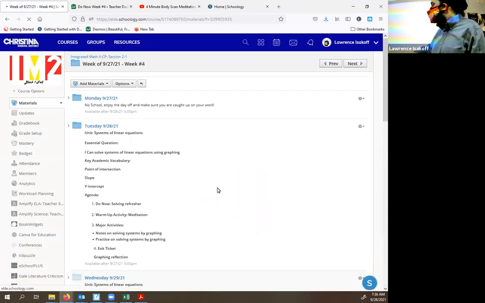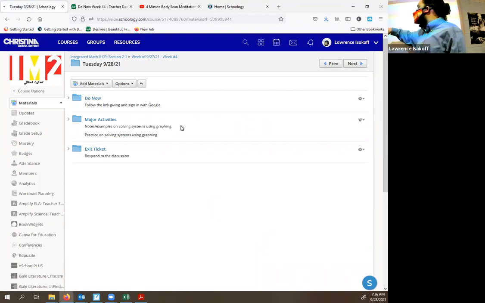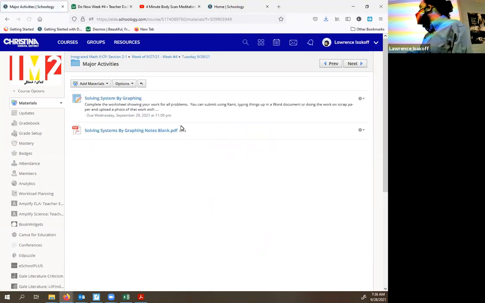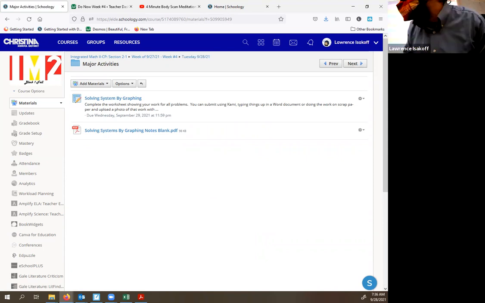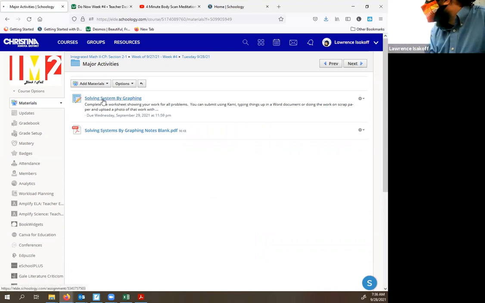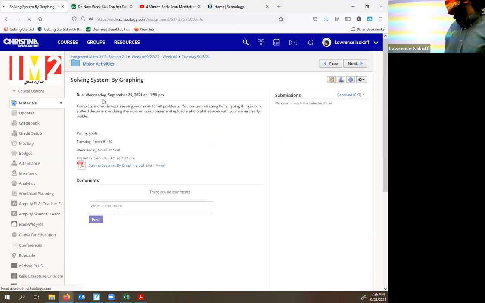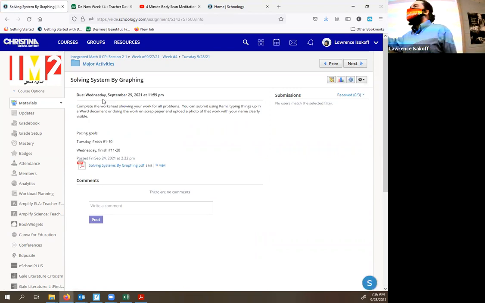So if I go inside of Tuesday, inside my major activity folders, I see the work in here. I'm letting you know already at the beginning of class, if you could just get through numbers 1 through 10 today and finish 11 through 20 tomorrow, that's a great pace to be working at, okay?